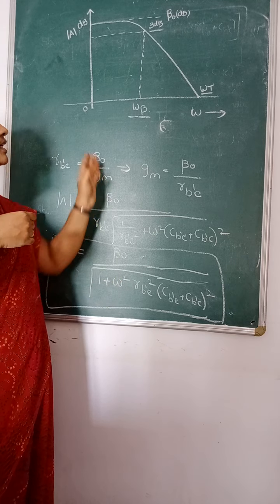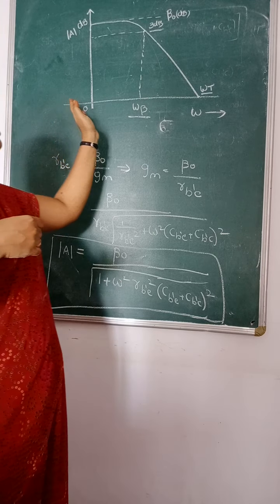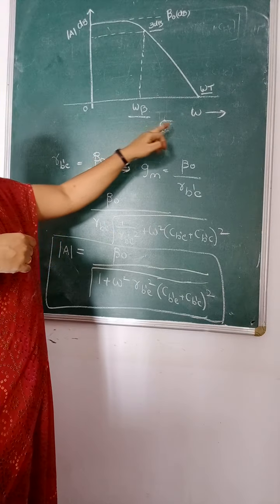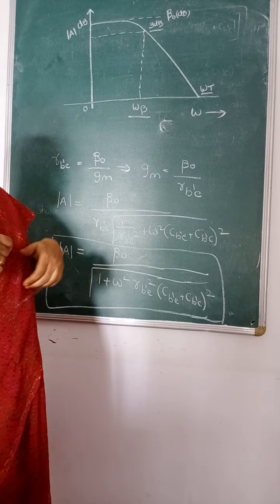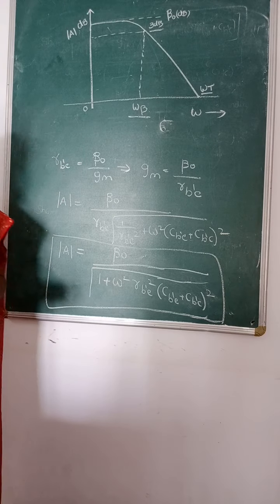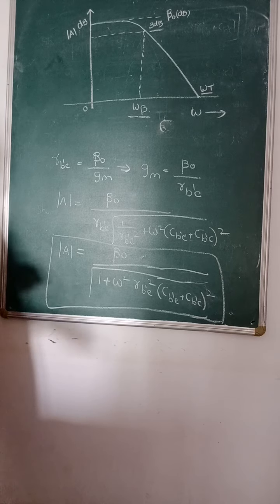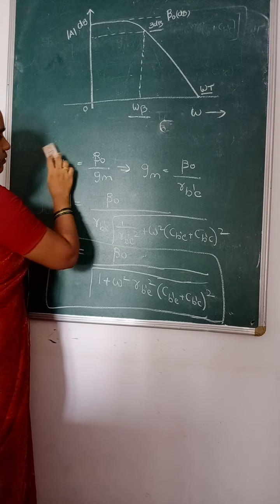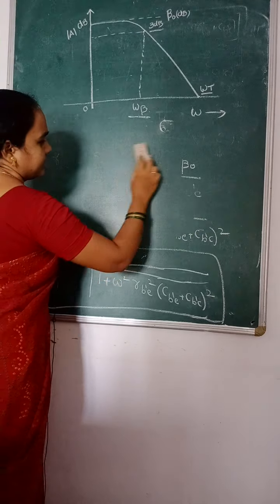As the frequency increases, the gain also decreases. This is the graph showing the frequency versus the gain of the transistor in CE configuration. So here we have observed the two frequencies, omega B and omega T.